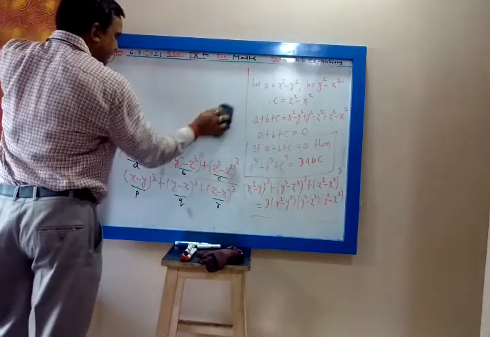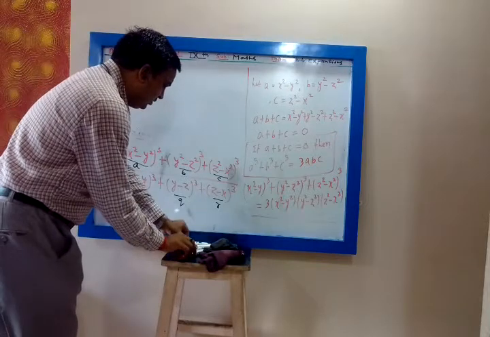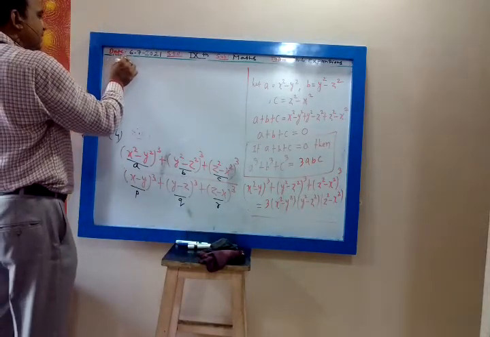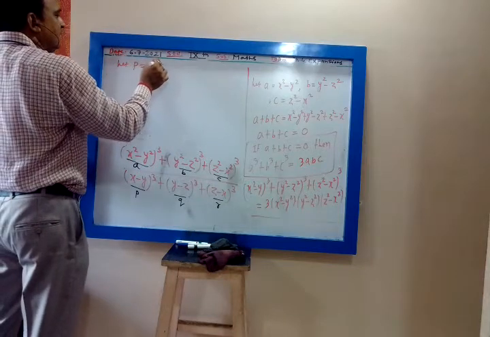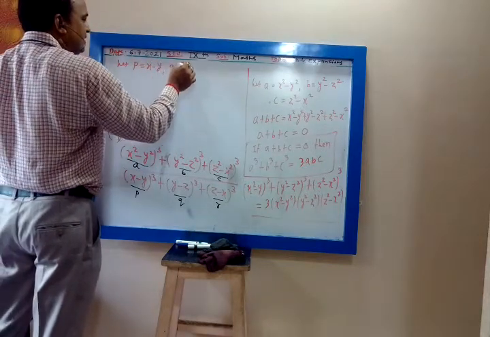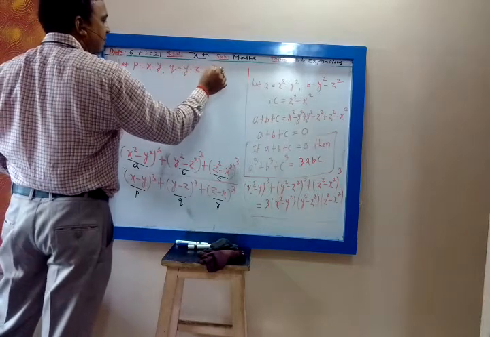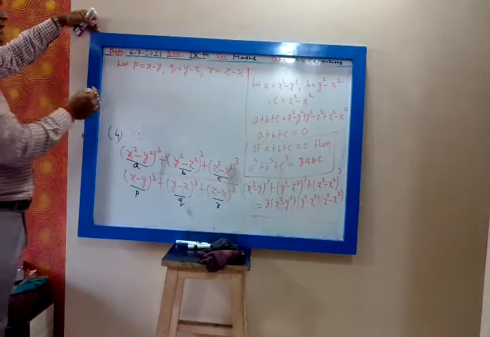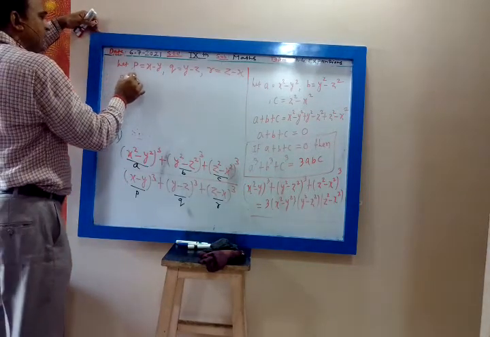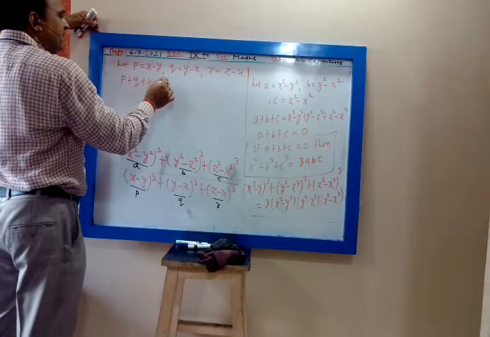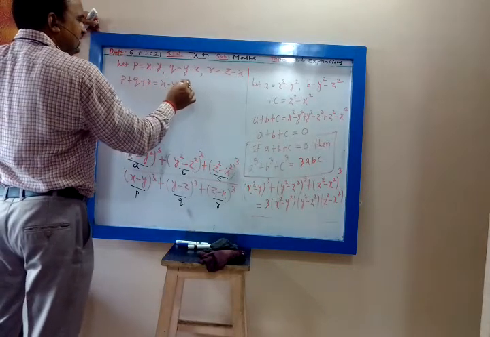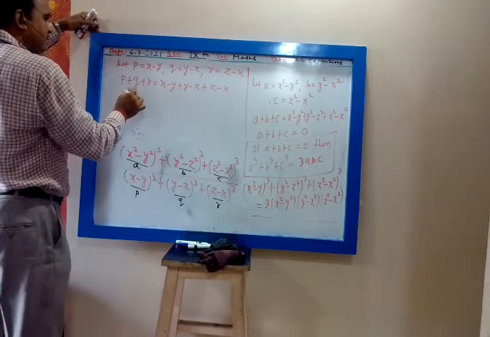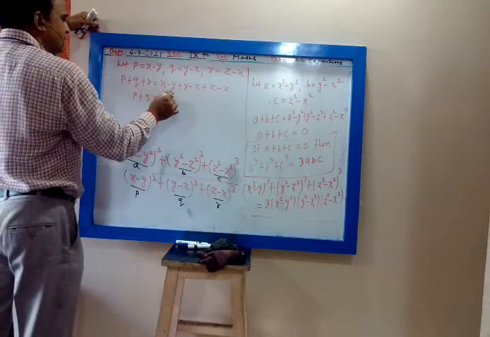For the denominator, let P = x − y, Q = y − z, and R = z − x. Now we check whether P + Q + R is 0.